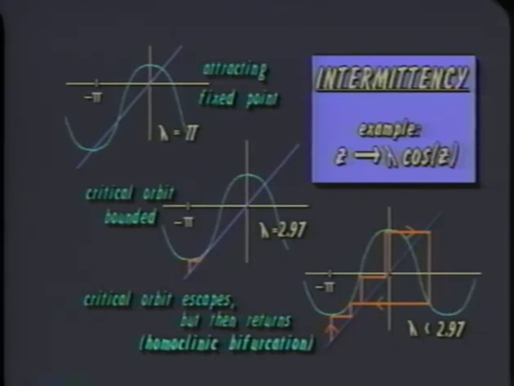So all of the images that you're about to see occur for the family a constant times cosine, where the constant varies from simply pi down to 2.97, and in the computer experiments we should see the birth and death of lots of these black regions and all sorts of other stuff.